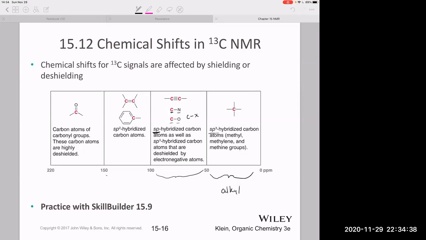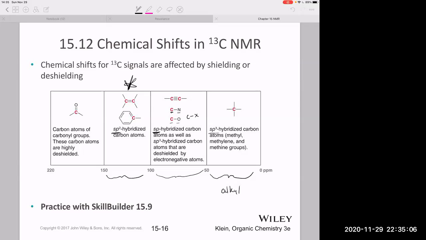The 100 to 150 range, these are sp2 hybridized carbons. Okay, this can be very helpful. We deal with benzene rings and all that good stuff a lot in organic chemistry. So watching out for peaks in the 100 to 150 range can give you a good idea as to whether or not you're expecting to see a benzene ring or any other sort of double bond.